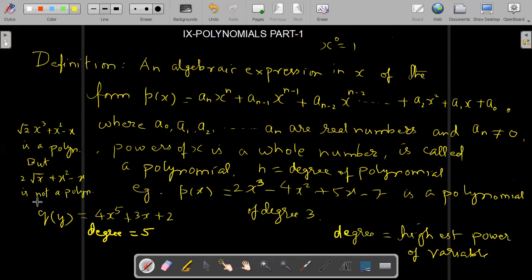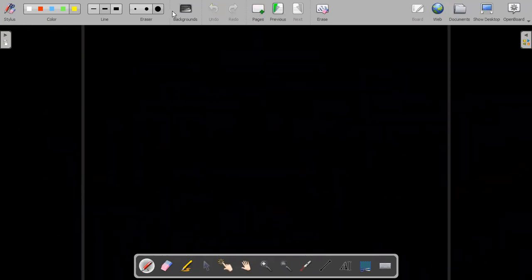So in our examples, the first is a polynomial, the second is a polynomial, the third is a polynomial, and the fourth is not a polynomial. So it is very simple. We have to check the powers, then we can say yes, this is a polynomial.